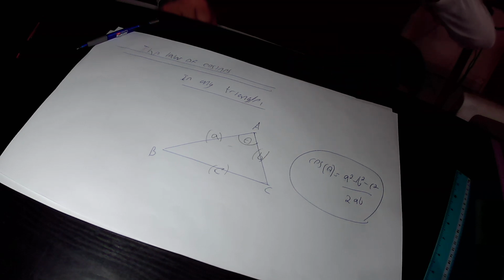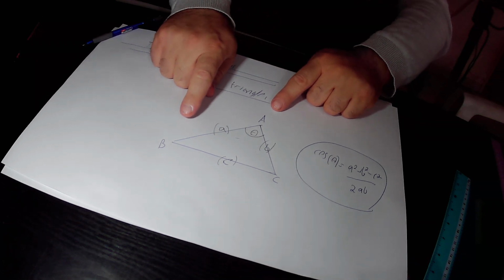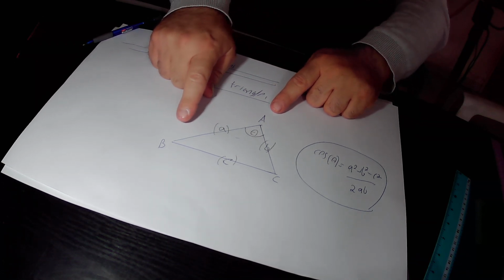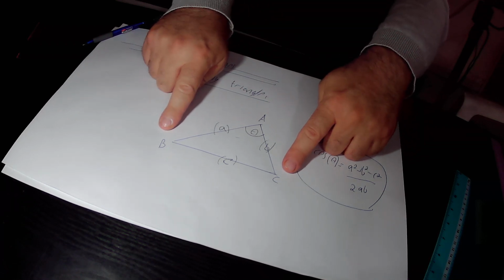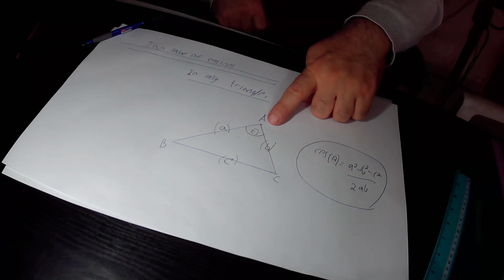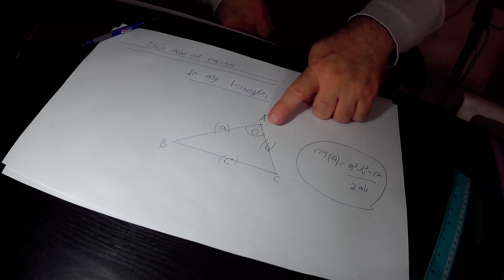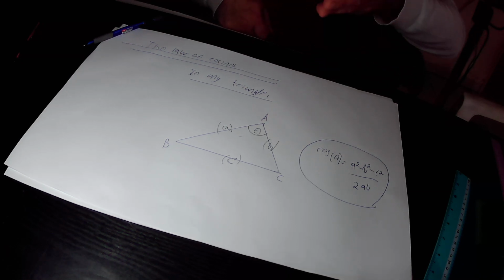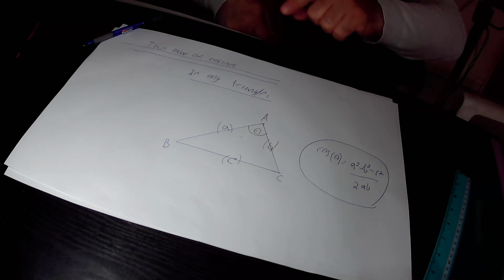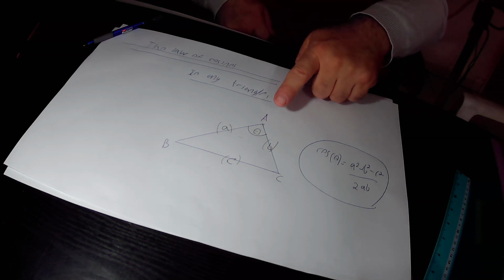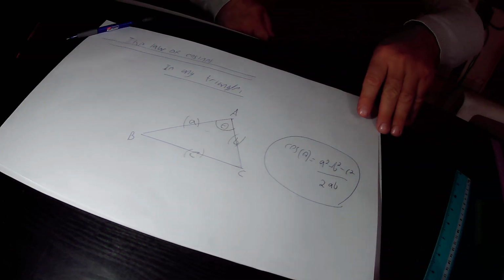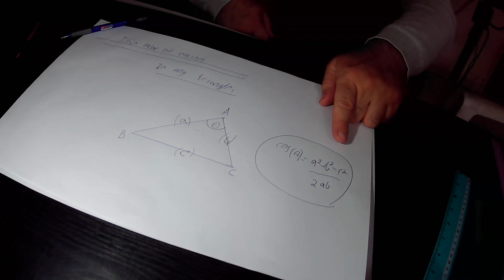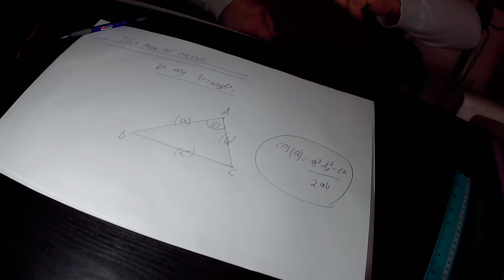In triangle ABC, the length of side AB is A, side AC equals B units in length, side BC equals C units in length, and this is angle BAC. The size of angle BAC is theta, and according to the law of cosines, cosine theta equals A squared plus B squared minus C squared over 2 times A times B.